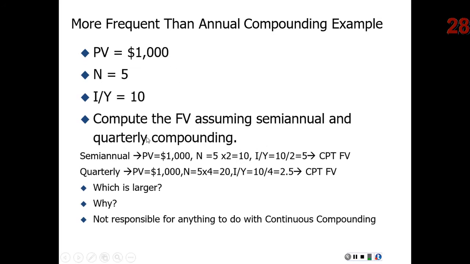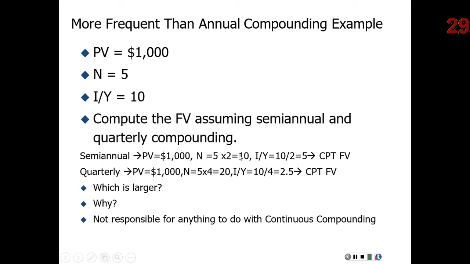We've got semi-annual and quarterly compounding occurring. We've got a present value of $1,000, N of 5, and 10% interest per year. And we want to know the future value. Well, this is how we would do this with semi-annual compounding. Notice the present value is not affected. We just put in $1,000, press the present value key. For N, we just manually calculate the 5 times 2 compounding periods per year.